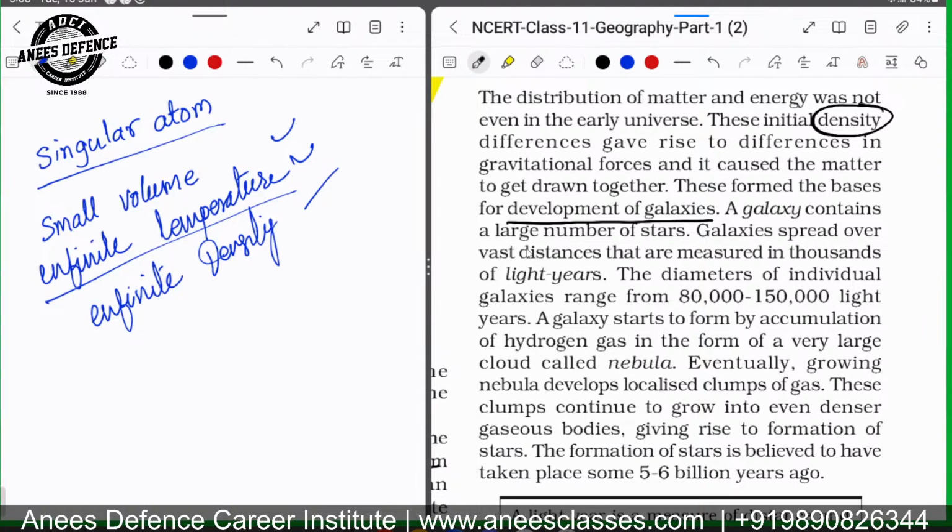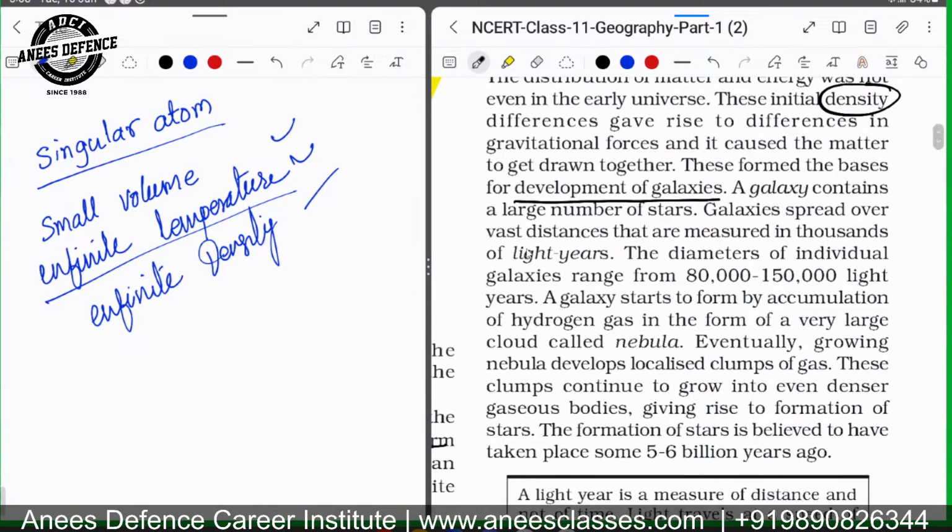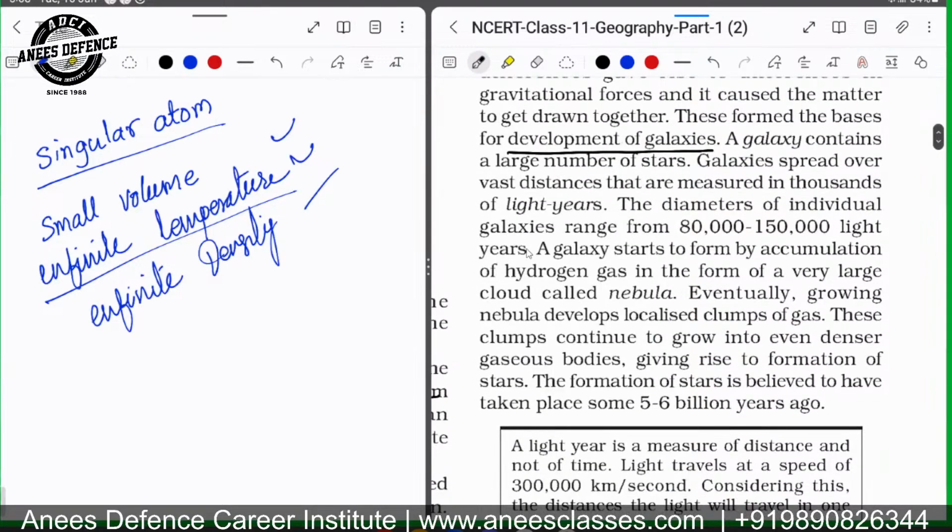The galaxy contains a large number of stars. So in a single galaxy, let us say for example the Milky Way galaxy, you have hundreds and thousands and crores of stars, and around each star you have a lot of planets also revolving. Like in the solar system we have 8 planets.